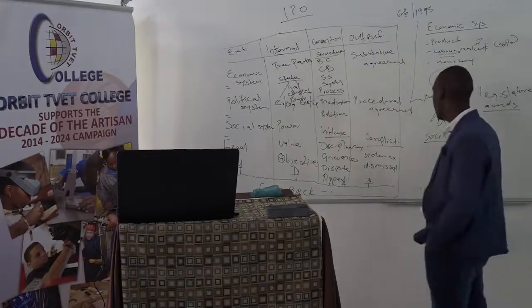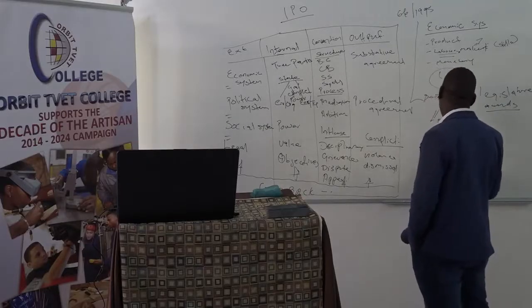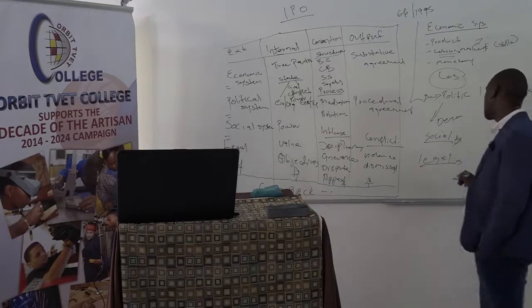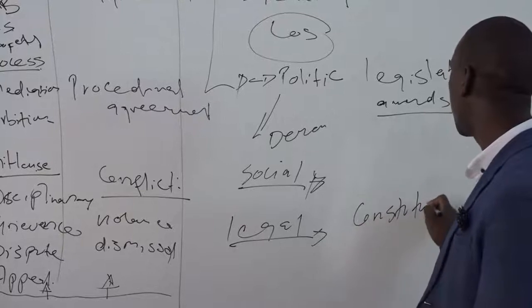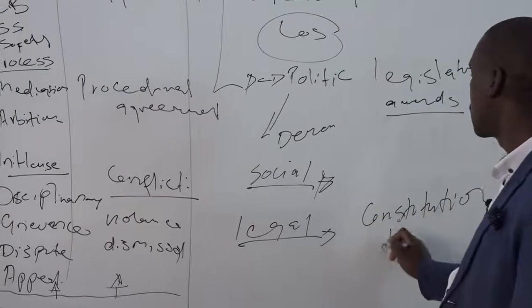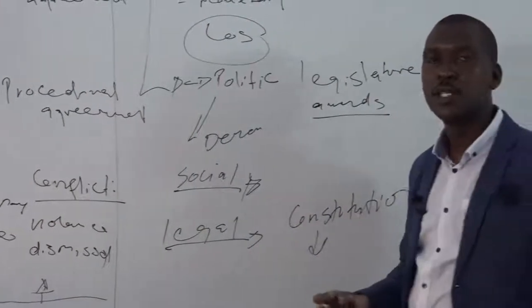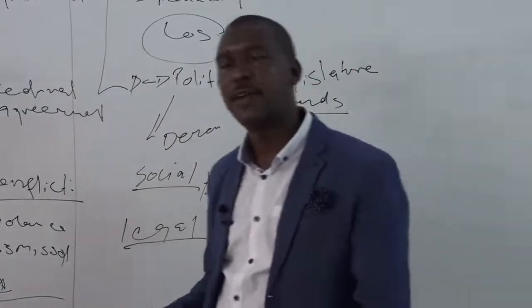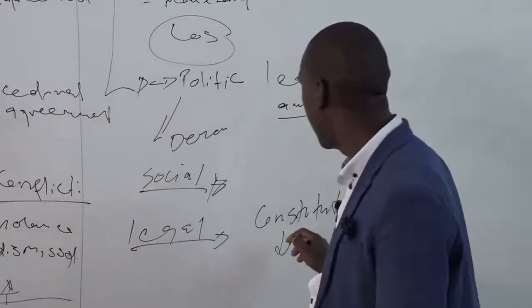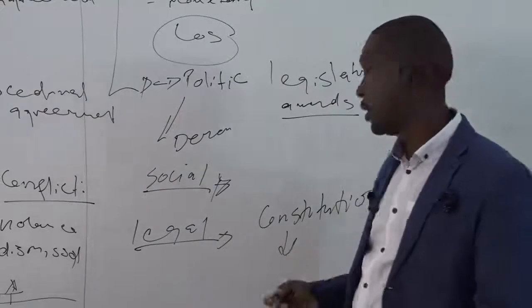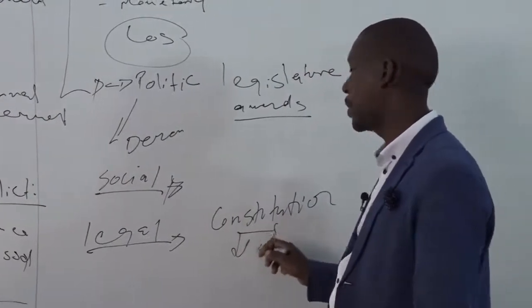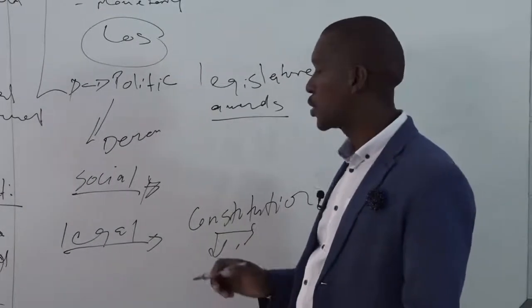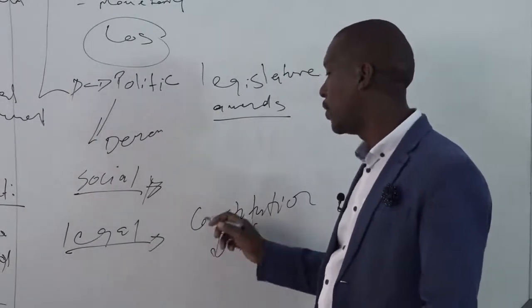Then we have what you call the legal system. In our case, we will start with the Constitution as the source of law. We know that the Constitution of South Africa was approved by Parliament in 1994. This Constitution talks about basic human rights. So in the labor market, we have people.